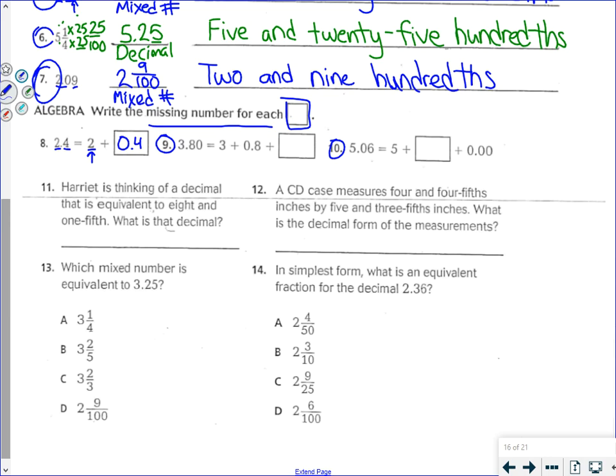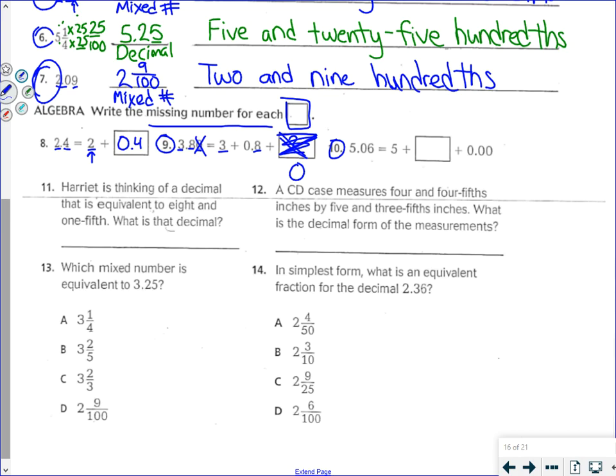Okay, so this one is trying to trick you a little bit, number 9. Okay, so notice how we have a 0 here, we have a 3 here, we have 0.8 here, 0.8 here, right? Do we really need this one? Since it's a 0, we don't need that one. So you could put 0 in there if you wanted, okay? But we don't really need that, okay? Number 10 now.